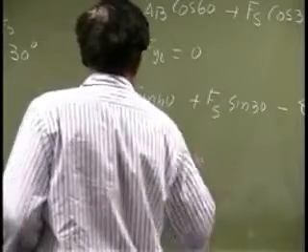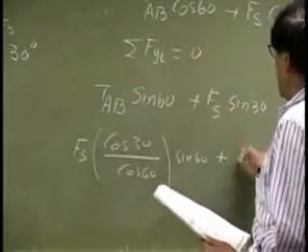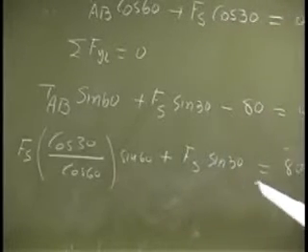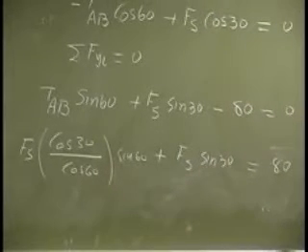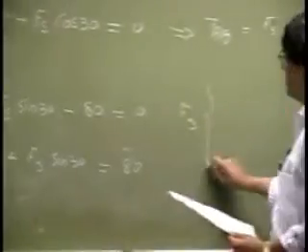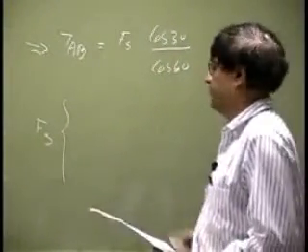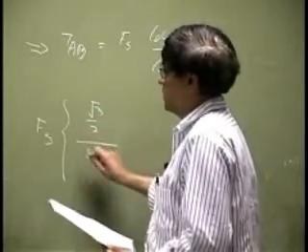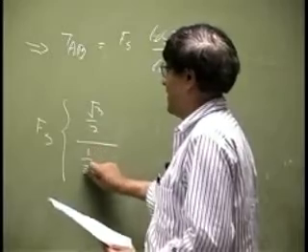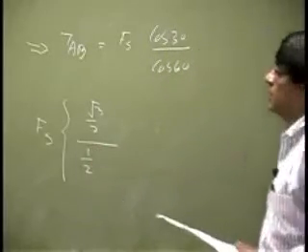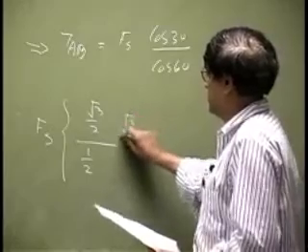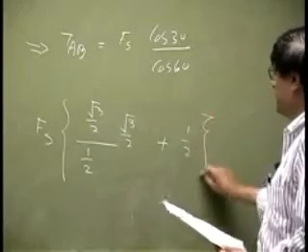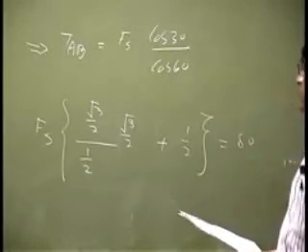Then you have sine 60 plus Fs sine 30 equals 80. Or Fs would be, say, cosine 30 is square root 3 over 2, cosine 60 is 1/2, and sine 60 should be square root 3 over 2, plus sine 30 is half, and that goes to 80.